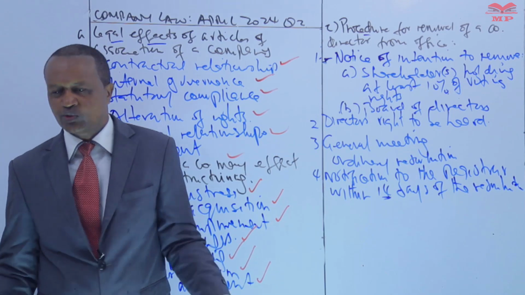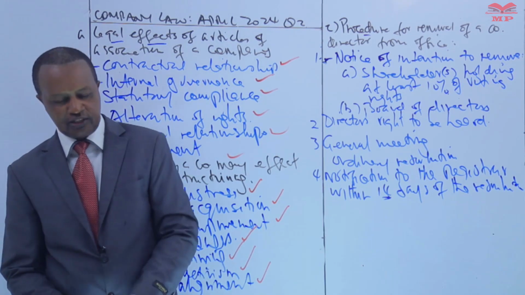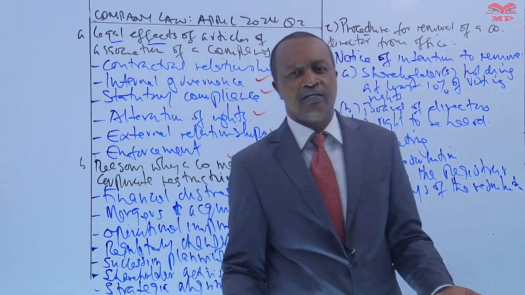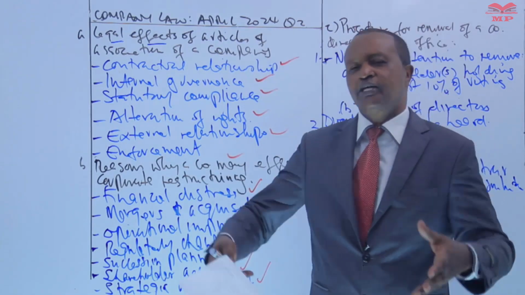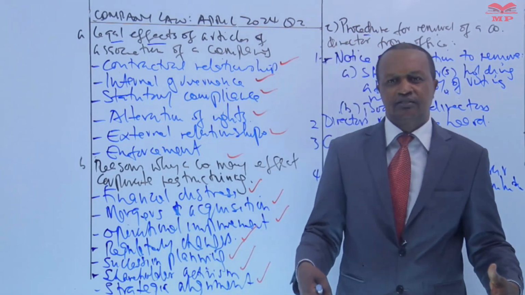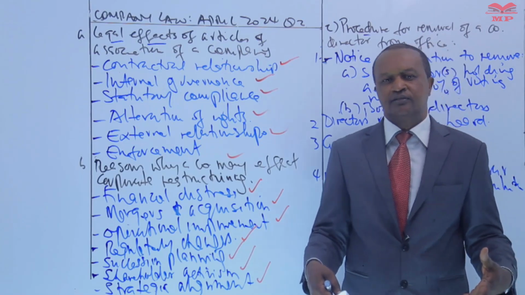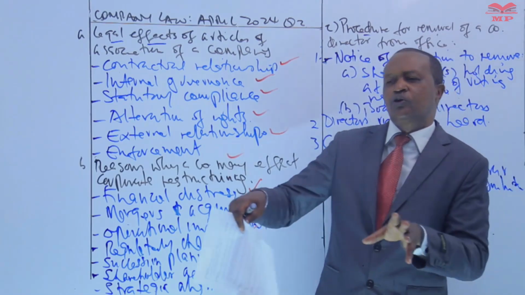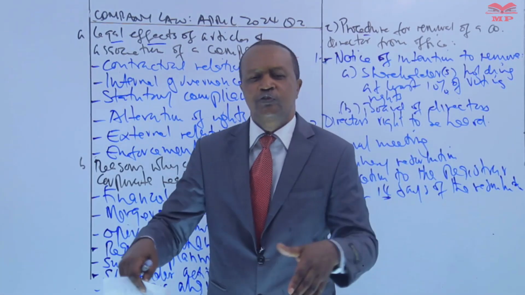Other matters to consider will be the employment contract. If the director has an employment contract with the company, then the terms of the contract will have to be considered.